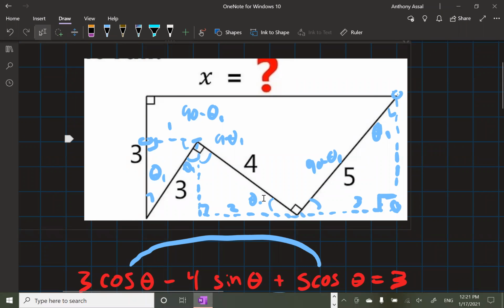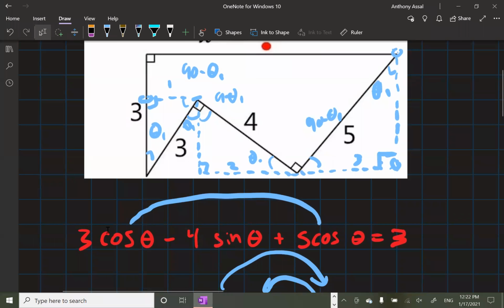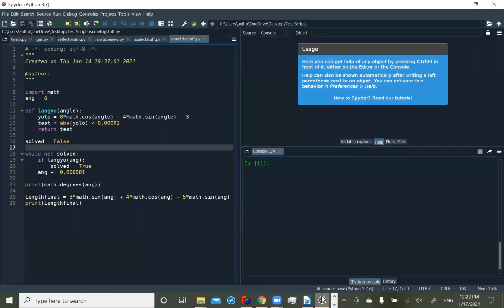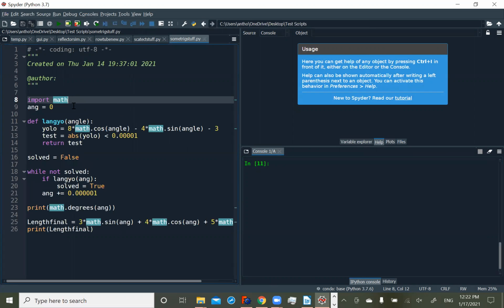Now, another way you can look at this is, once you have this trig thing going on here, you can set up the second equation that we used to determine the overall length, and we can try it out programmatically. So here's some Python. I'm going to import the math module just because we need it to do some math things.